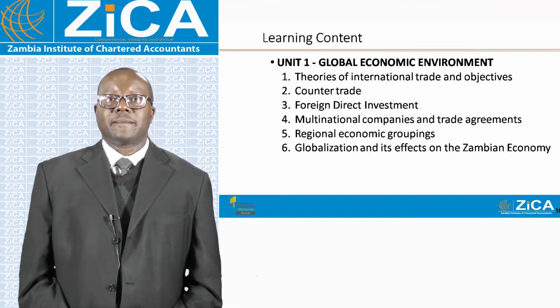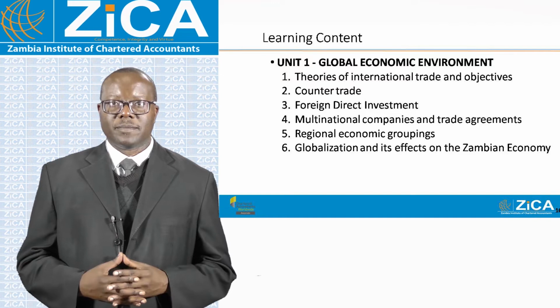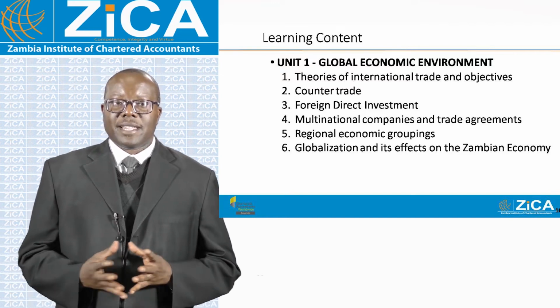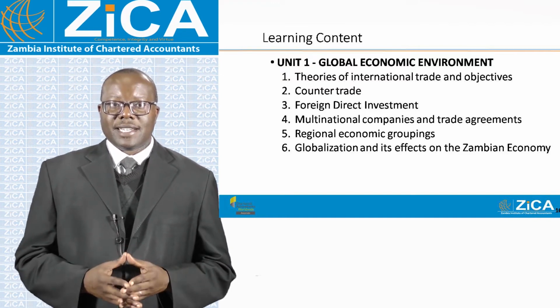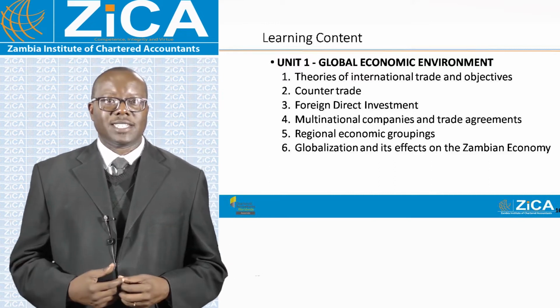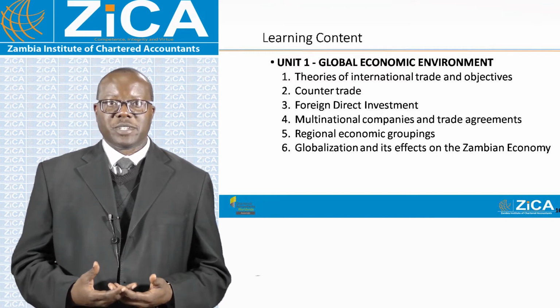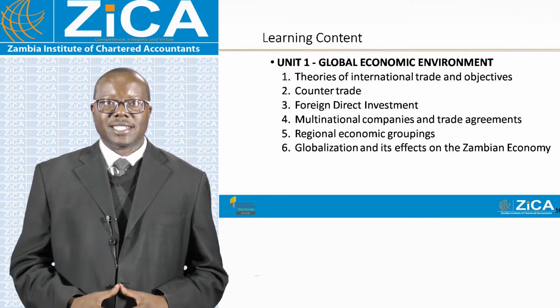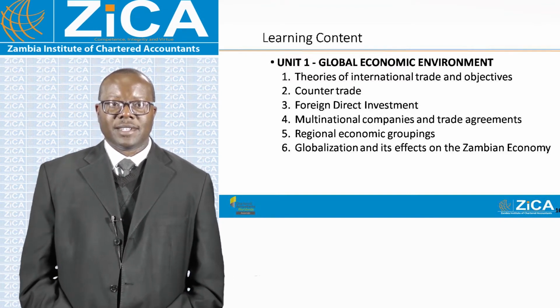And 6, globalization and its effects on the Zambian economy. These are the 6 elements under Unit 1, the global economic environment, which should be covered and on which we will be expected to answer questions when they are set.